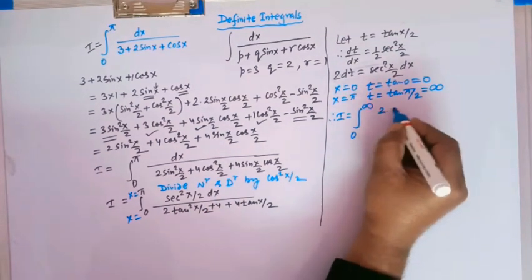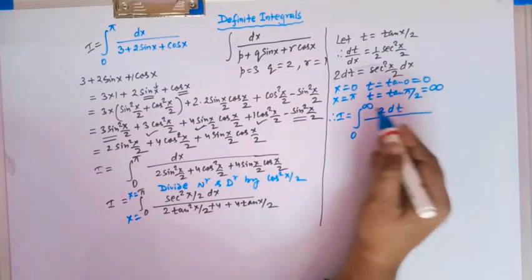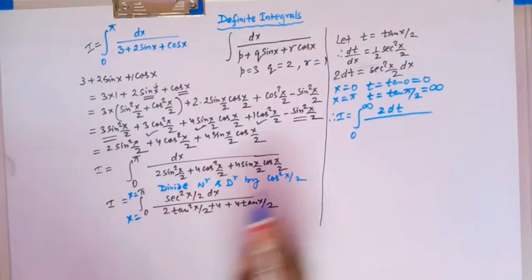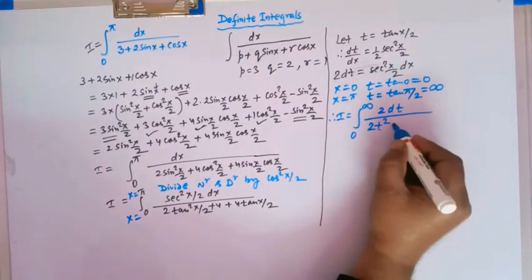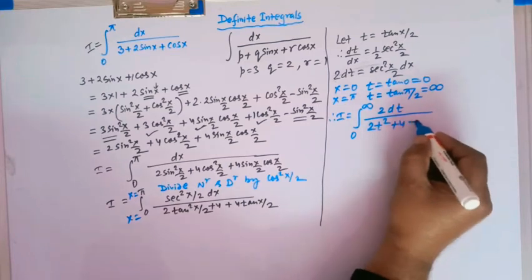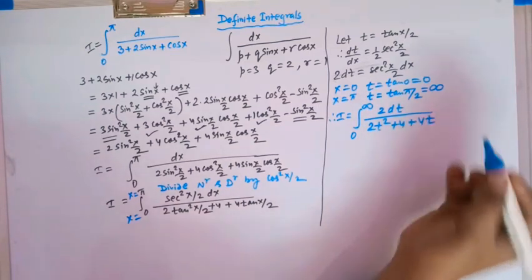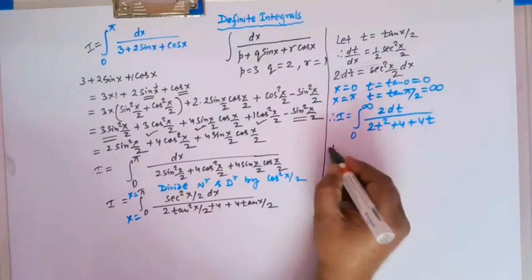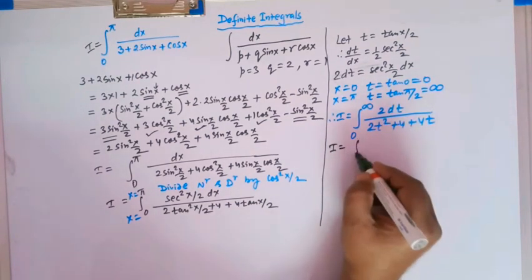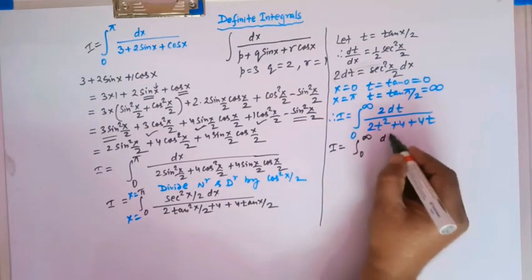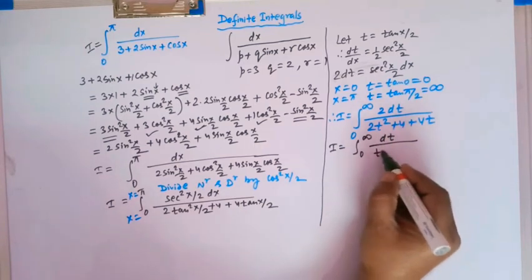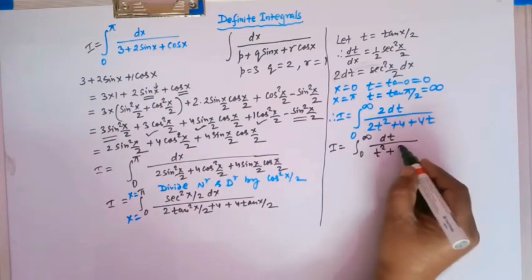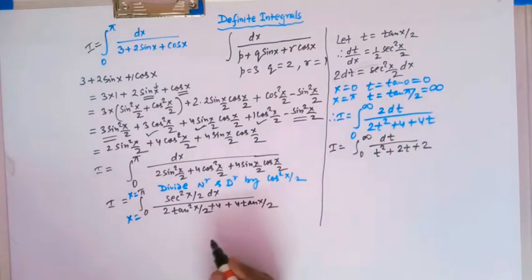equal to 2 dt, and in the denominator we have 2t square plus 4 plus 4t, right? Because t is equal to tan x by 2. Now cancelling the factor 2 in the numerator and denominator, we have t square plus 2t plus 2, right?